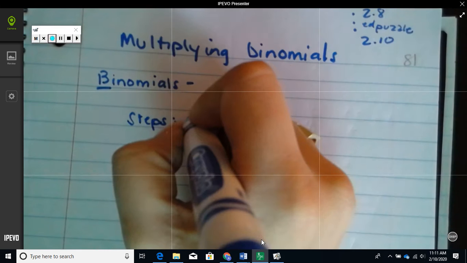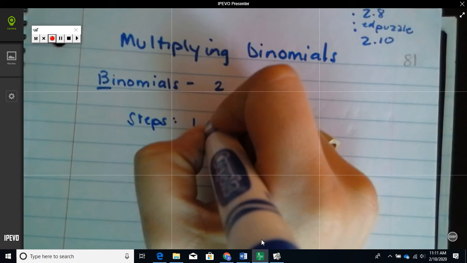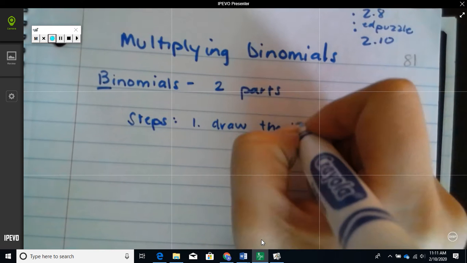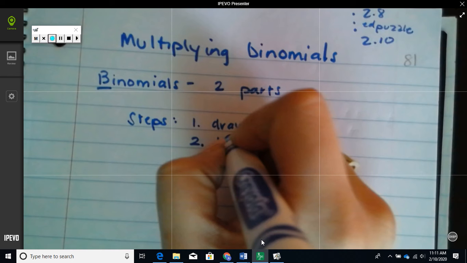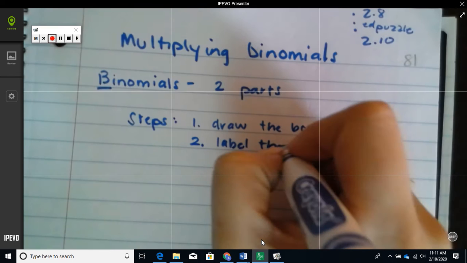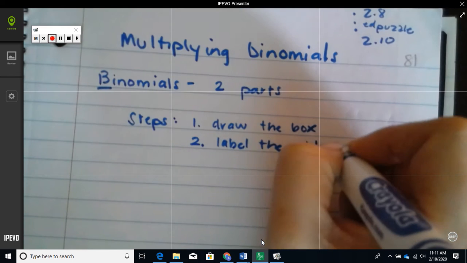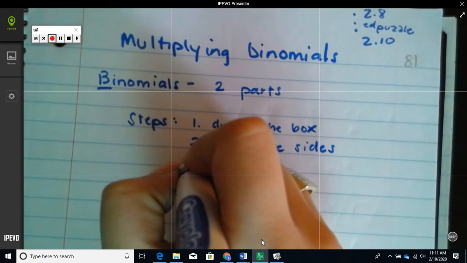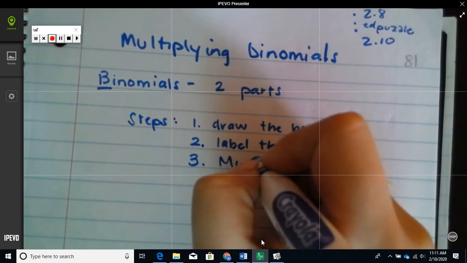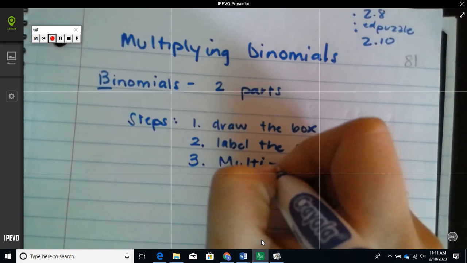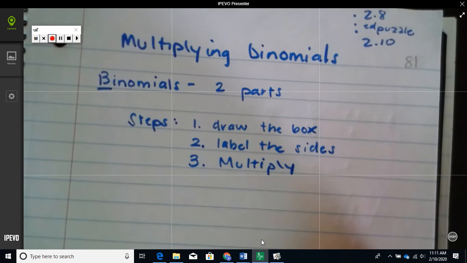So the first thing you're going to do is draw the box. After we draw the box, we label the sides. After we label the sides, we're going to multiply. So everything that we put inside the box, we multiply.